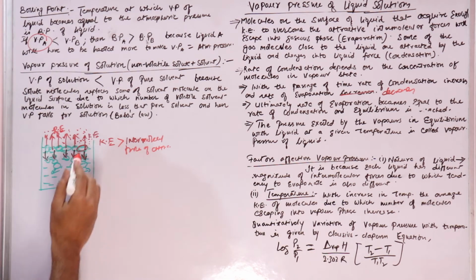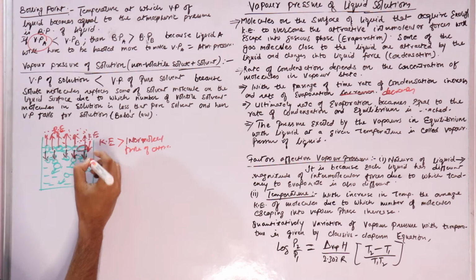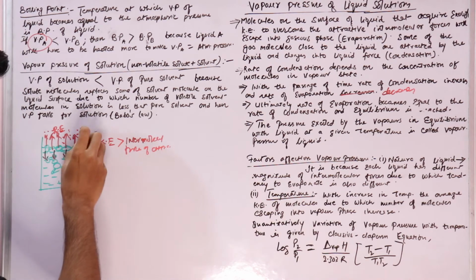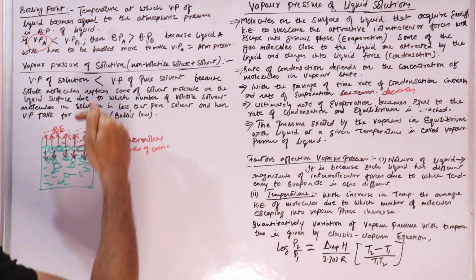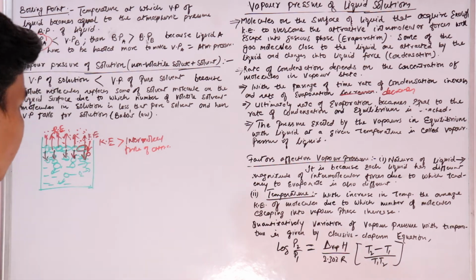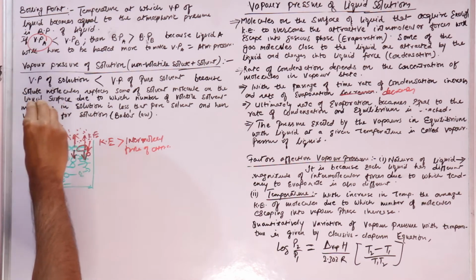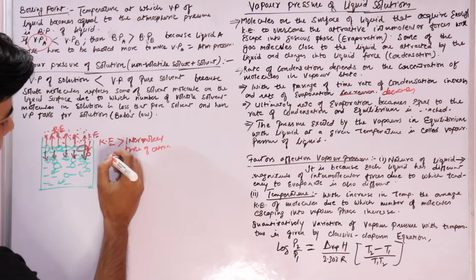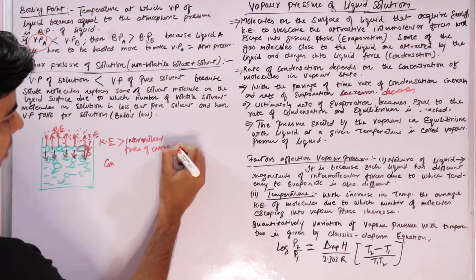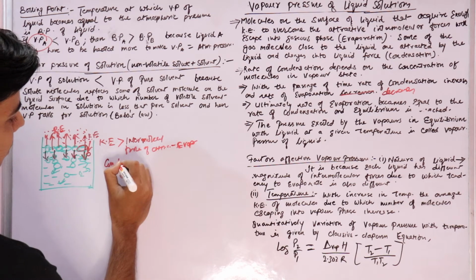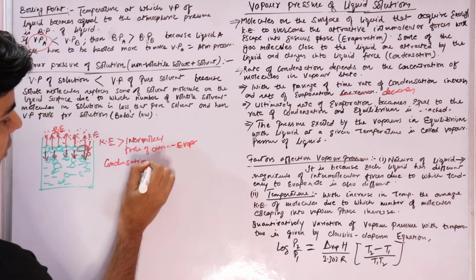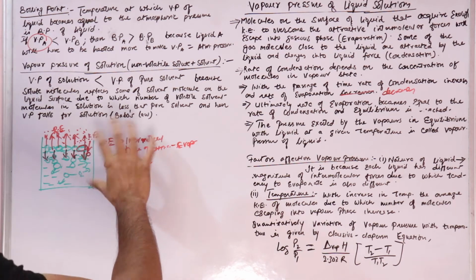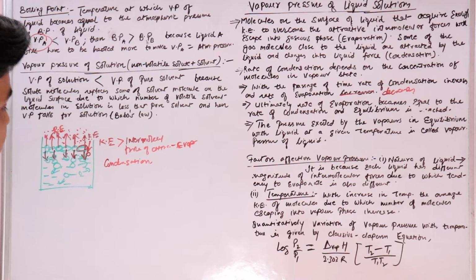So the molecules that are near the surface would be attracted back into the liquid, changing from vapors into liquid form. This is known as condensation. So this is evaporation, and the other process that is occurring here is condensation. These two are spontaneous processes.